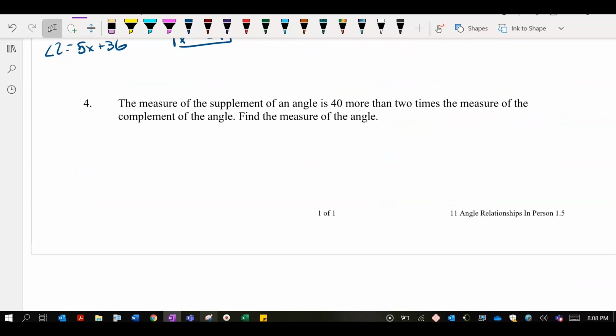So taking a look here, when I see the words supplement of an angle, I have 180 minus x. Is 40 more than 2 times the measure? So 2 times the measure, but it's a more than, so it's a turnaround, so it's 2x plus 40, somewhere in there.